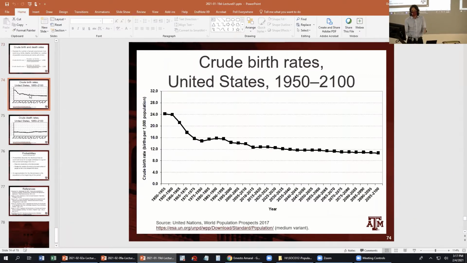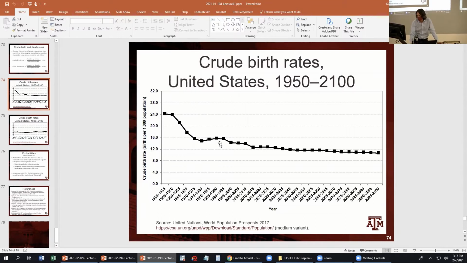So how do you interpret this result? For example, here for the US, with data from 1950 to 1955, you had 24 births for every 1,000 population. So on average, 1,000 people in the US back in 1950 to 1955 would produce 24 babies in that time period.